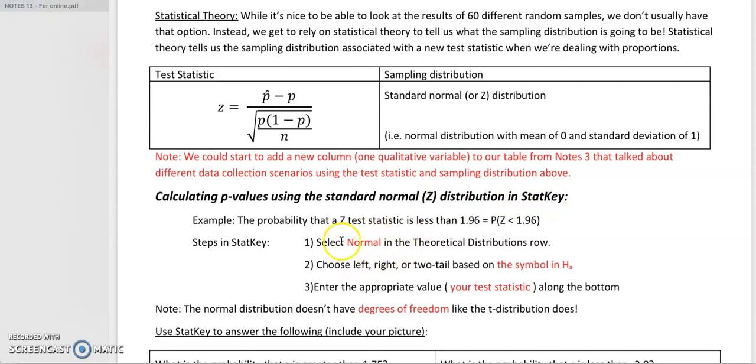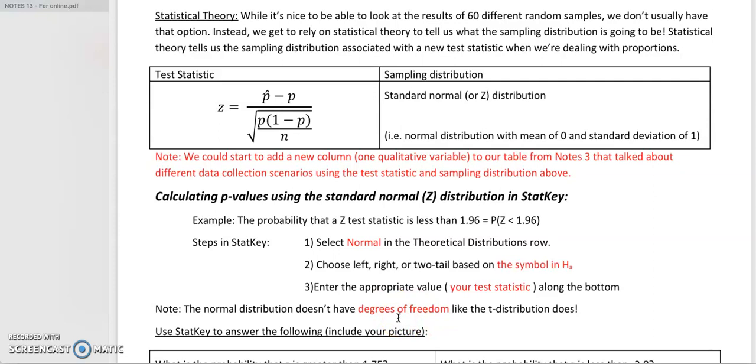We're going to select normal instead of t. We're still going to choose left, right, or two-tail based on whatever symbol we see in our alternative hypothesis. And then we're also going to change the number along the bottom to our test statistic. And what you'll notice is that I've basically skipped a step from when we worked with the t-distribution because the normal distribution doesn't have degrees of freedom like the t-distribution does.